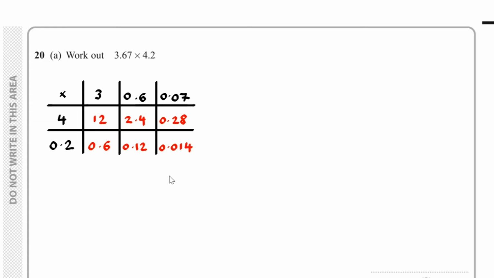We now need to add all these together. So we've got the 12, the 2.4, the 0.28, the 0.6, the 0.12, and the 0.014.